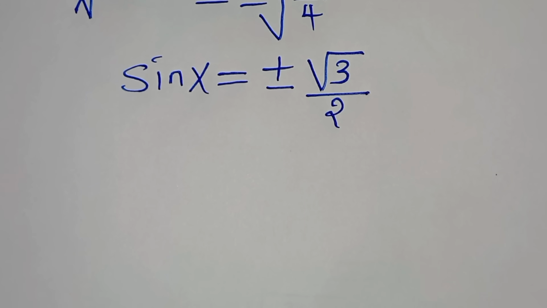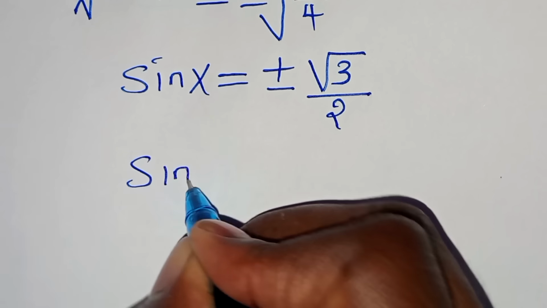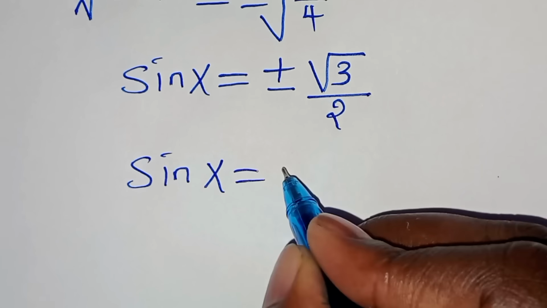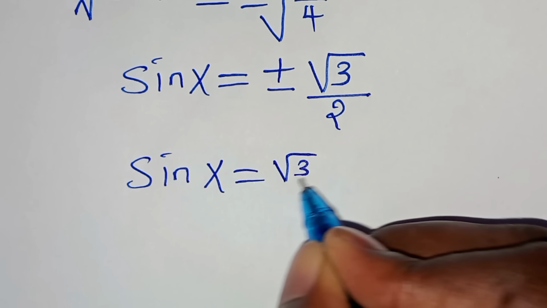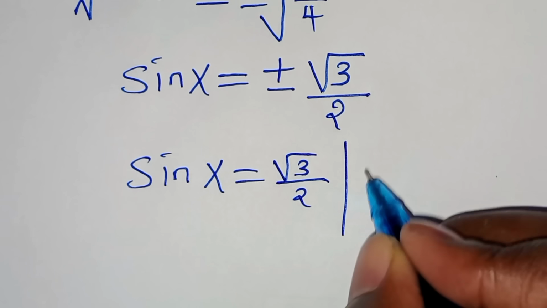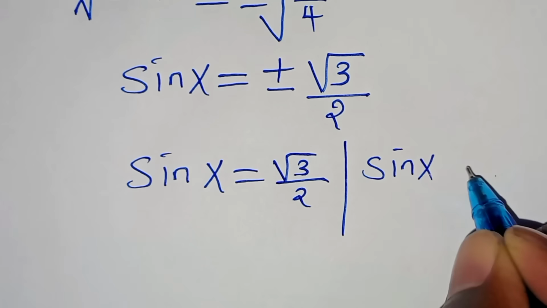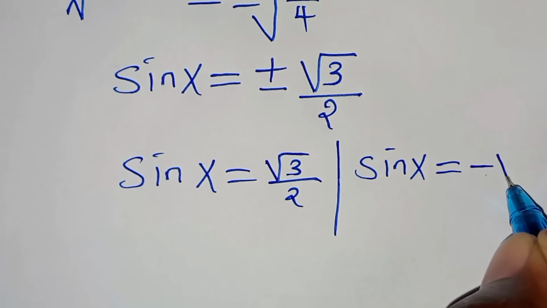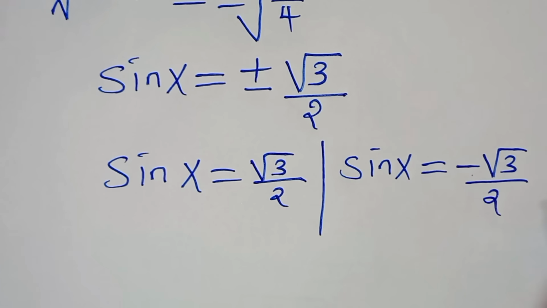Now, this means that sine x is equal to square root of 3 over 2, or sine x is equal to minus square root of 3 over 2.